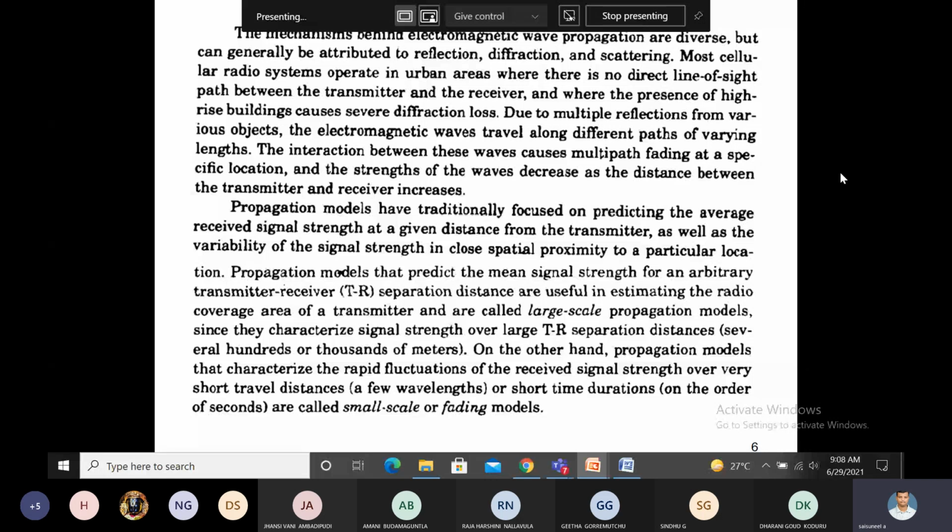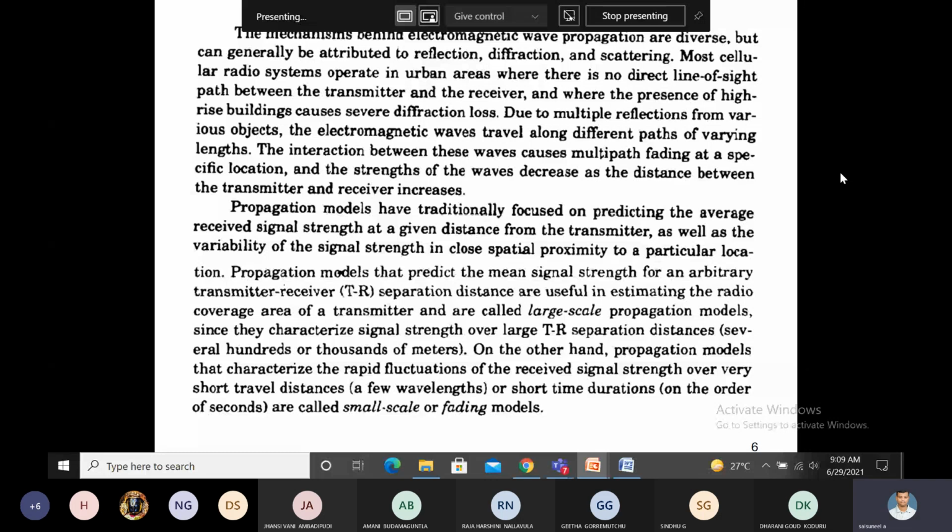On the other hand, the propagation model that characterizes the rapid fluctuations of the received signal strength over very short distances, in terms of meters only with a few wavelengths or short time duration, is called small scale. For short distances, we calculate small scale or fading models. For several hundreds to 1,000 meters, we calculate large scale propagation models. These are the two propagation models used to calculate losses in mobile radio propagation.